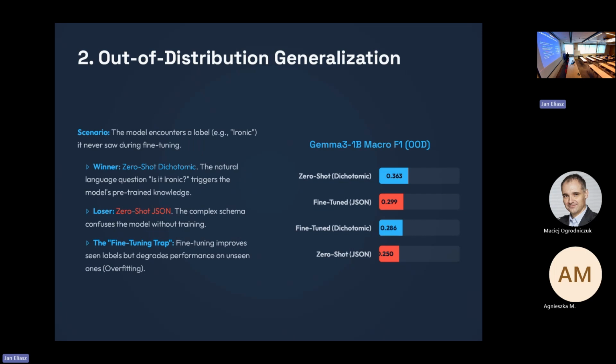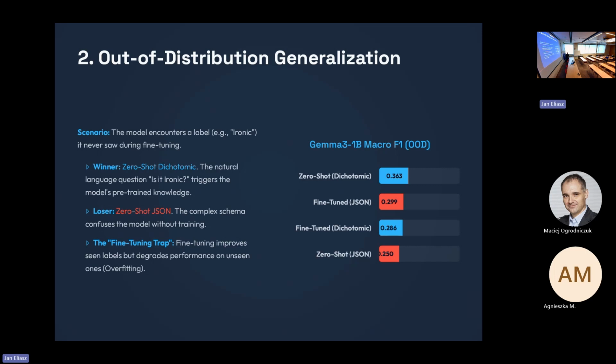And also for the out-of-distribution setup, the generalization that we want to test, we see that our dichotomic prompting approach, if we don't fine-tune the model and we just prompt it, but not in the standard way with a JSON schema and so on, but decomposing the entire problem into k independent labels, then actually the results are even better than the JSON standard output.